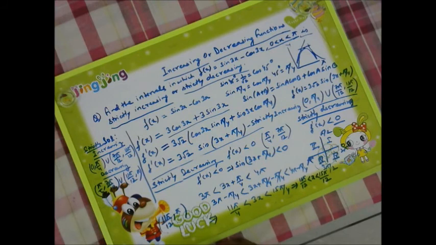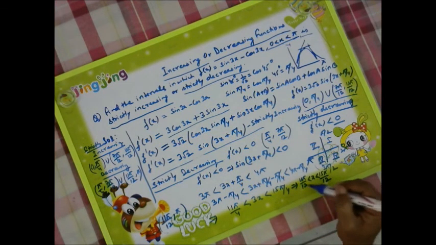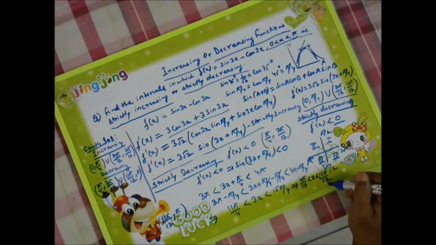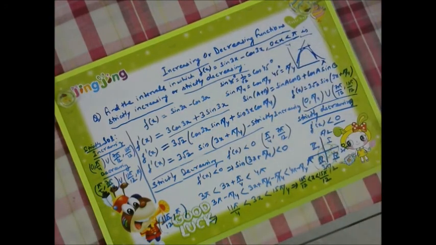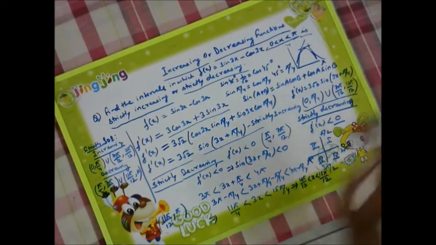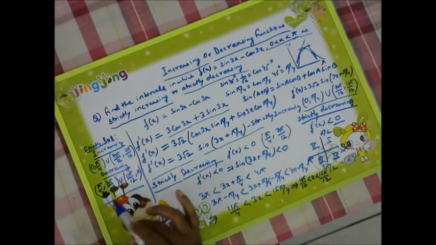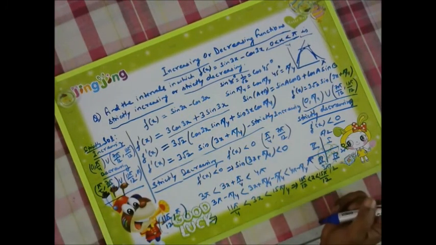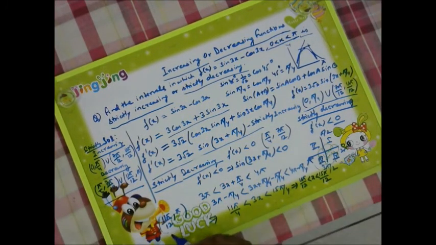And in the examination, sometimes we may write 15 pi by 12, or if we cancel with 3, it becomes 5 by 4 pi. 5 by 4 pi is also more than pi. It is pi plus pi by 4. So we cannot write it, because our answer should be between 0 to pi. So these are the intervals we have got for strictly increasing and strictly decreasing.